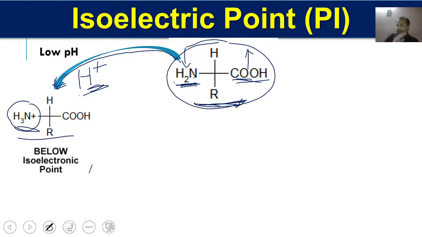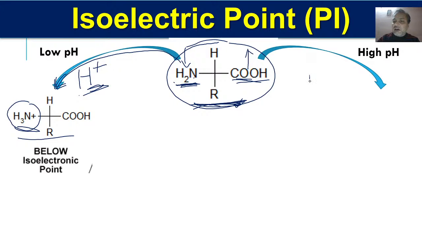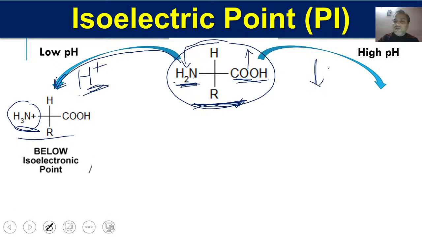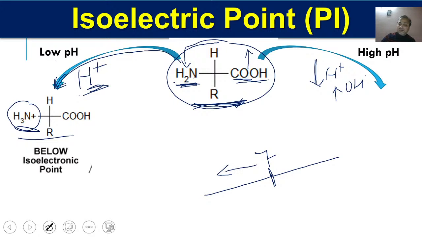Now if we take this same amino acid to the other side, the higher pH side, higher pH means alkaline side. In the alkaline side we have a low level of H plus ion or a high level of OH minus ion. We have a pH scale, and in this pH scale this is pH 7, the neutral pH. The scale goes from 0 to 14.